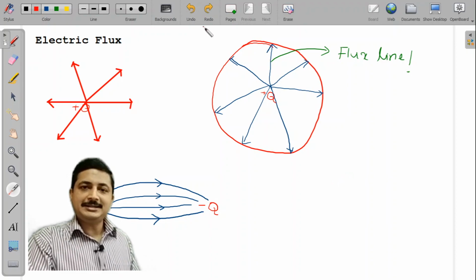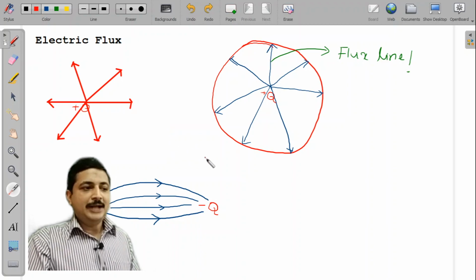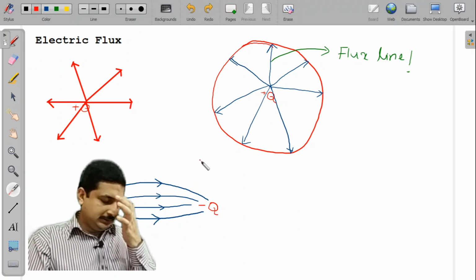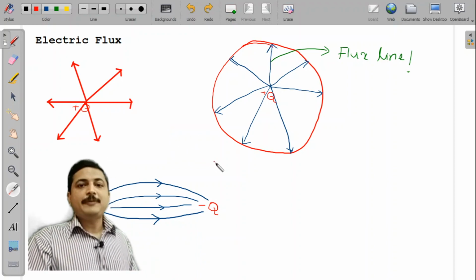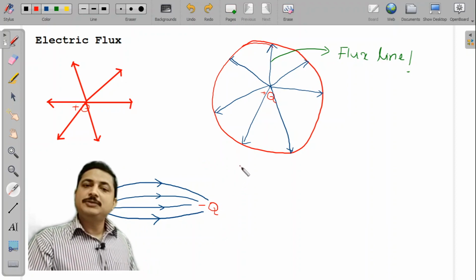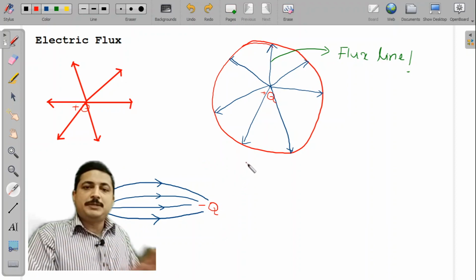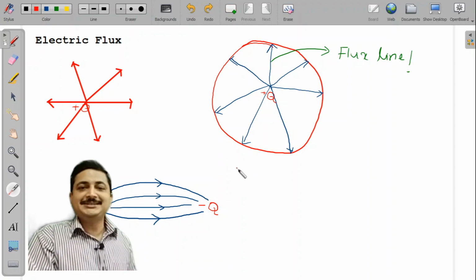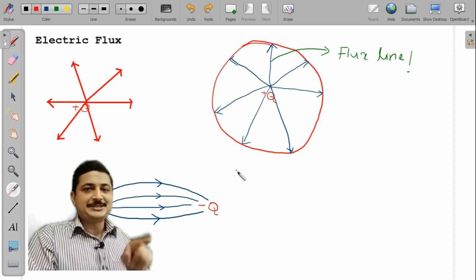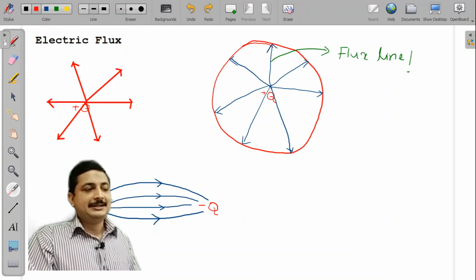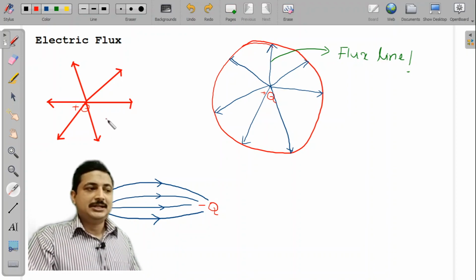Interesting. Now one more thing. Somebody asked him, what if this negative charge is not present in this world, there is only positive charge? He told, if that condition is possible, then these flux lines will look like this.